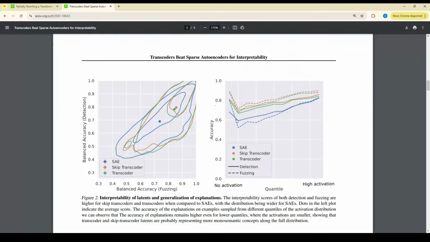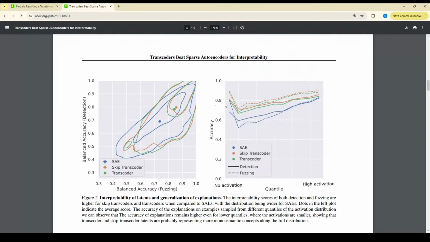You see that in the case of SAEs, the accuracy of some explanations goes close to random, to 50%. Here it's not actually random because non-activating examples are much more frequent. So having a 50% accuracy is higher than random.